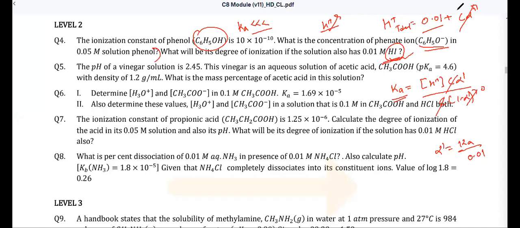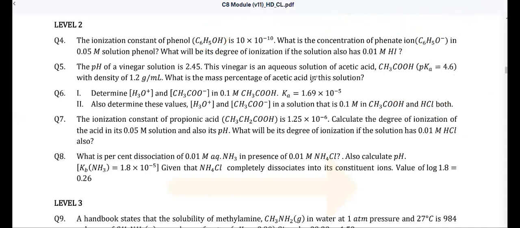Very good. Now let's see question number 5. If you see question number 5, the pH of the vinegar solution is given, which means the concentration of H plus is given. This vinegar is an aqueous solution of acetic acid. pKa is also given, along with the density.